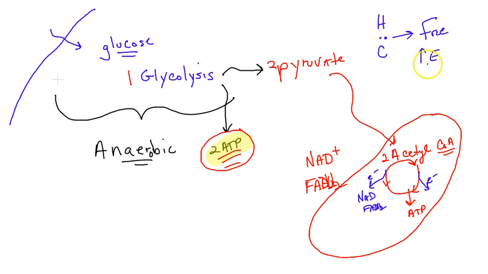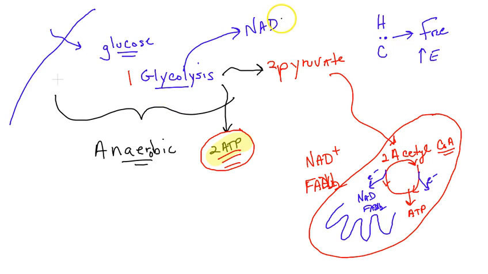Now this high energy electron is eventually shuttled to the electron transport system, which we've talked about being in the inner fold of the mitochondria. All right? But now understand this, we're also pulling some electrons in glycolysis from the NAD. So we have these carrier molecules that are holding on to these high energy electrons, and it starts in glycolysis where these carriers pick up these high energy electrons.